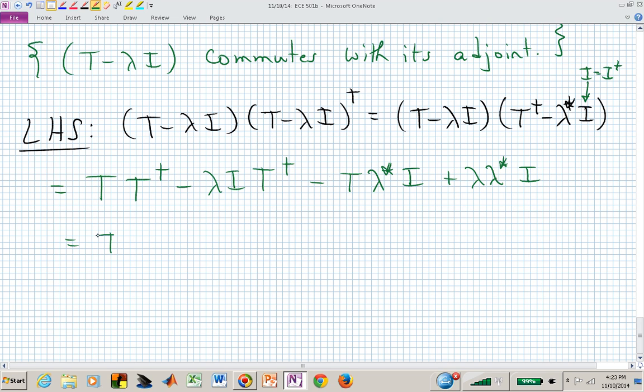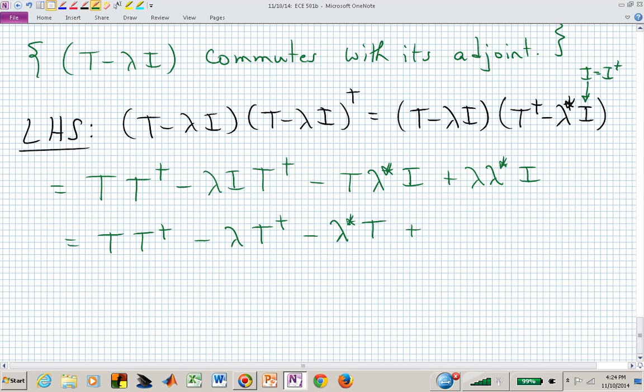Or that's now T dagger minus lambda T dagger minus lambda star. That's a scalar, so it can slide through the operator T. And what's lambda times its conjugate? It does collapse.